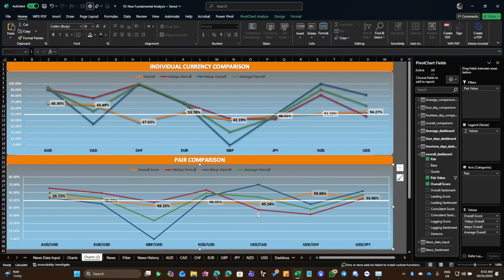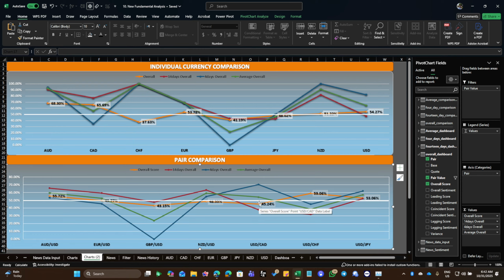In the last 14 days, it's been bearish, but in the last 4 days, the news release has been more bullish than any other. In fact, it has been the most bullish set of news for a pair compared to every other pair, and that is most likely going to pull these 14 days upwards, as well as pull the average upwards, and also pull the overall slightly upwards.